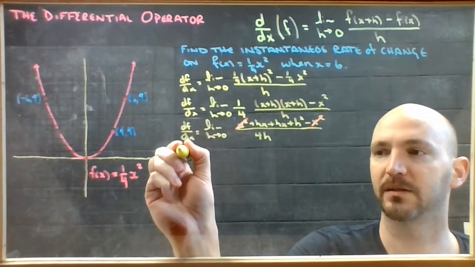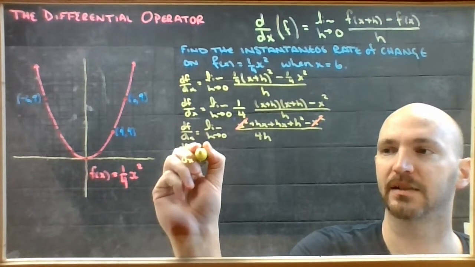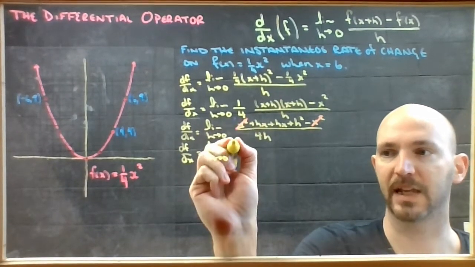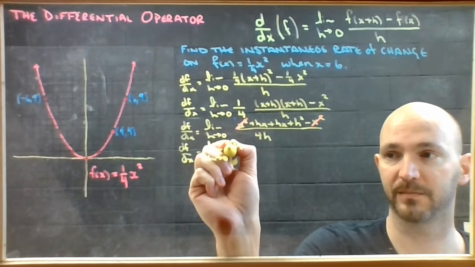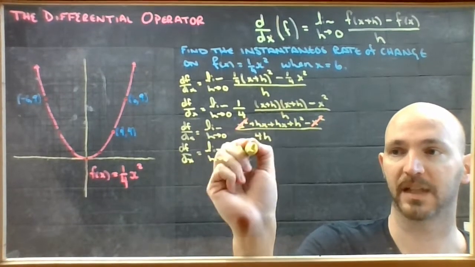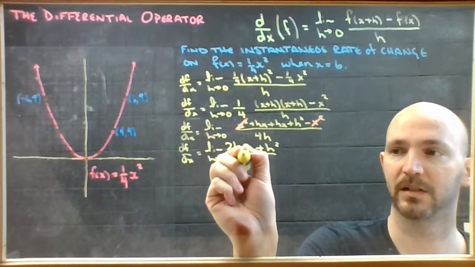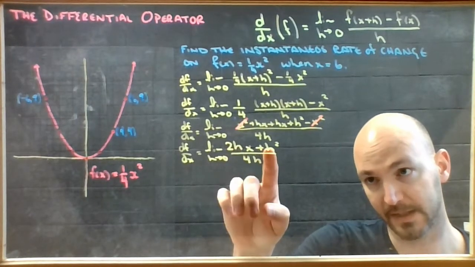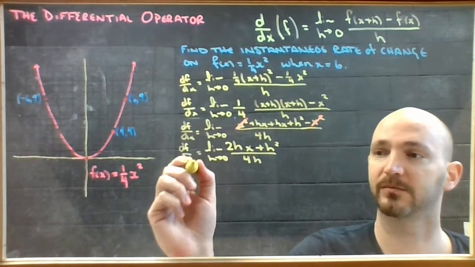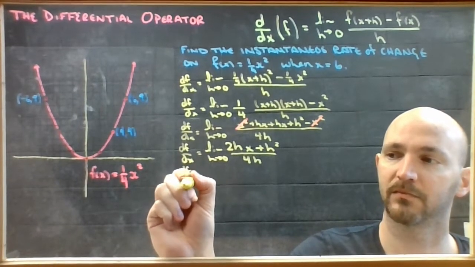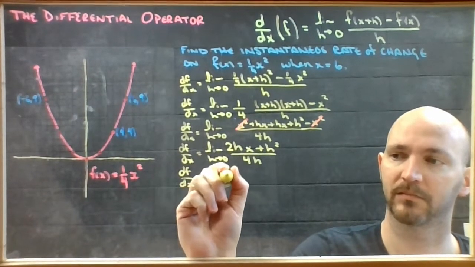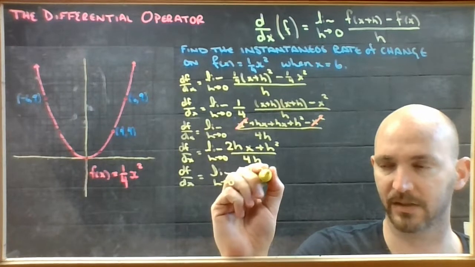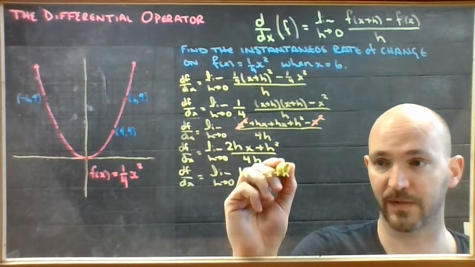So I'm left with df by dx equals the limit as h goes to 0 of hx, oh there's 2 of them, plus an h squared over 4h. And you notice I have an h in this and an h in that. I'm going to factor it out. h, that leaves a 2x in this term, and an extra h factor in that term.